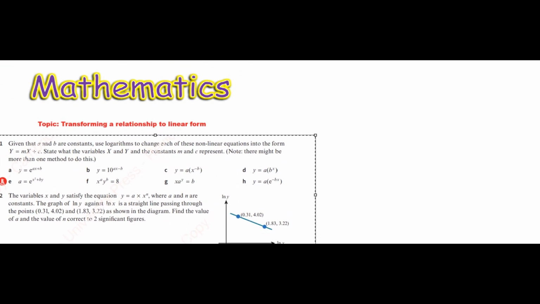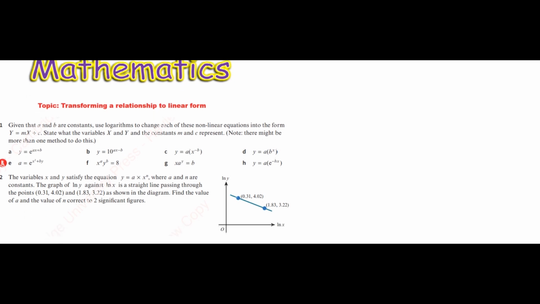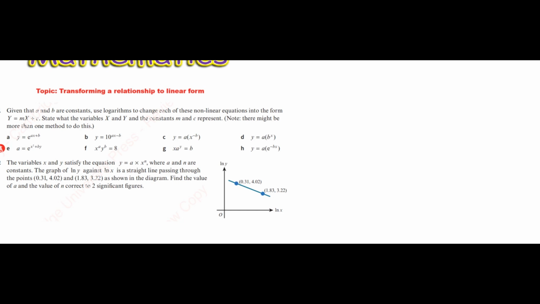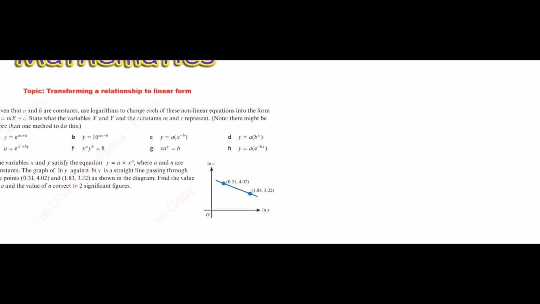I will just solve maybe 1 or 2, so that you can do all the questions you have in the exercise. Which one should I do? I do 1B, then you do the rest.